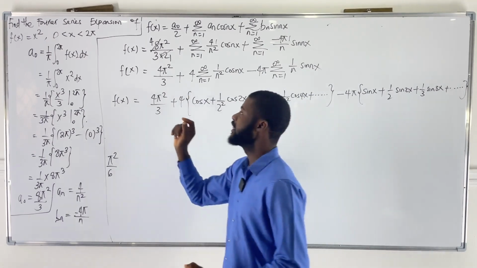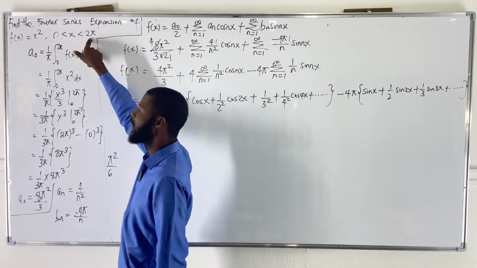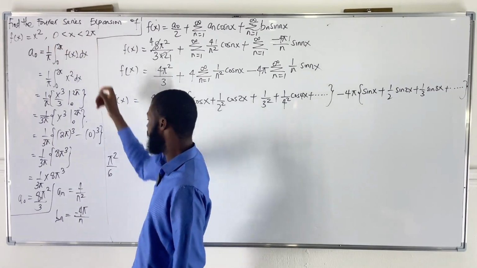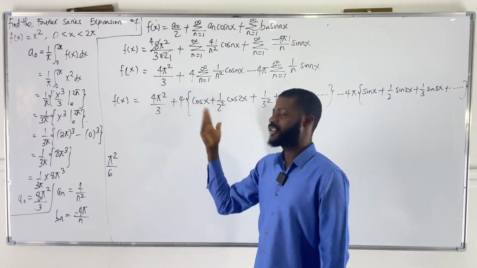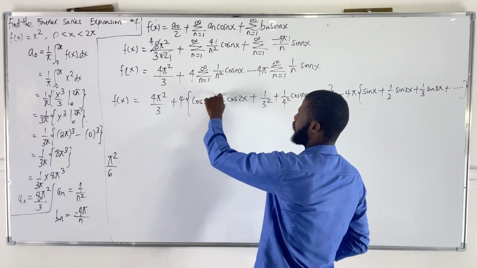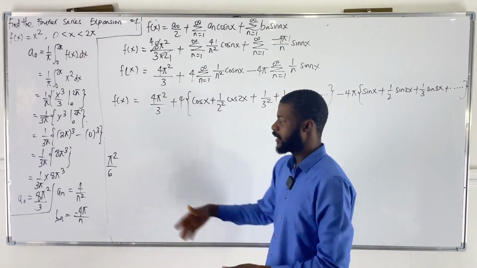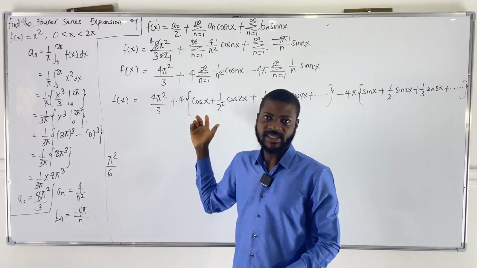However, if the interval were minus pi less than x less than pi, then you can carefully get this. But in this case, you can't. So many a time, because there's 1 here, 1 over 2 squared here, 1 over 3 squared here, 1 over 4 squared here, it doesn't mean that you can now get pi squared over 6 just because it's there.